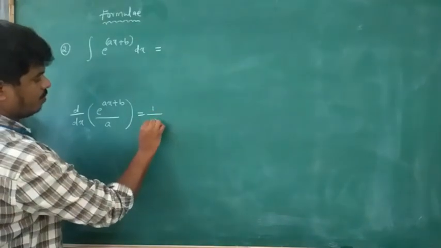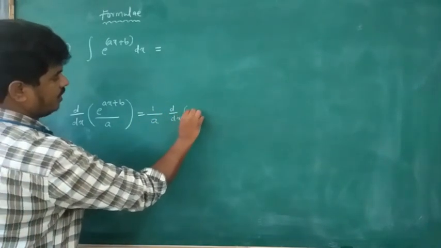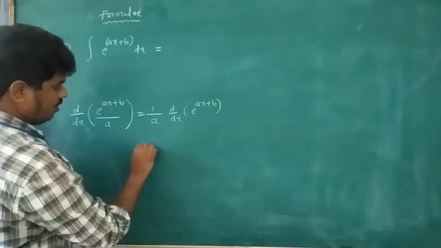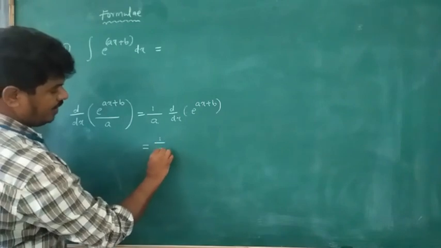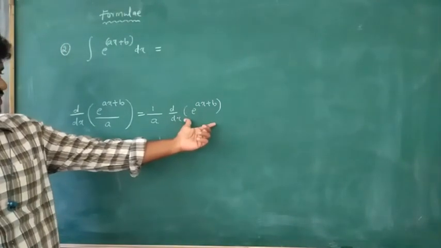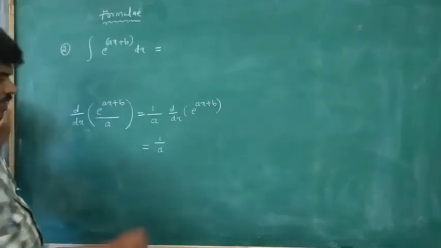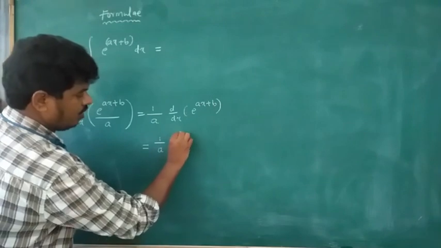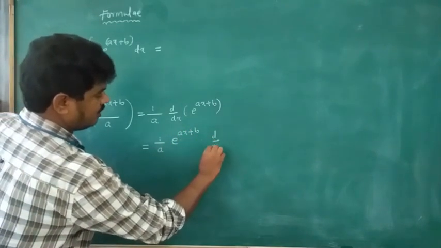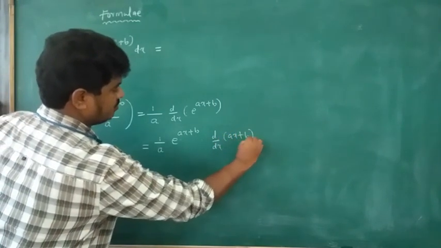So 1 by a into d by dx of e to the power of ax plus b. This is equal to 1 by a into, you know that the derivative of e to the power of x is e to the power of x. The derivative of e to the power of ax plus b, what? E to the power of ax plus b into d by dx of ax plus b.